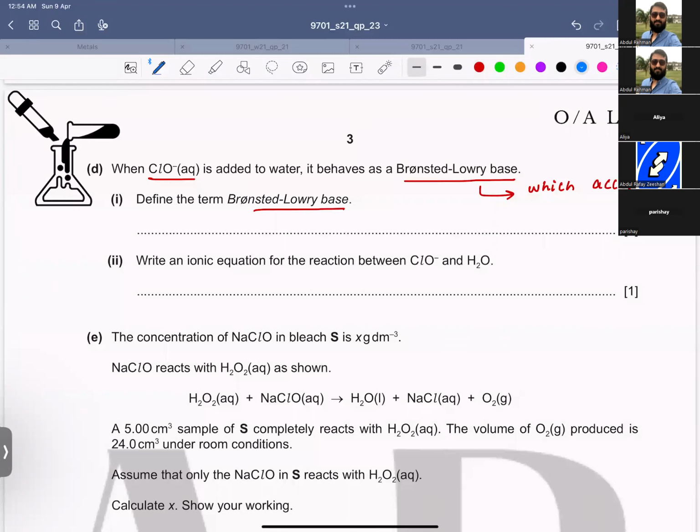We have to state only this: H positive, or you can write proton, acceptor is defined as a Bronsted-Lowry base. Is this clear?